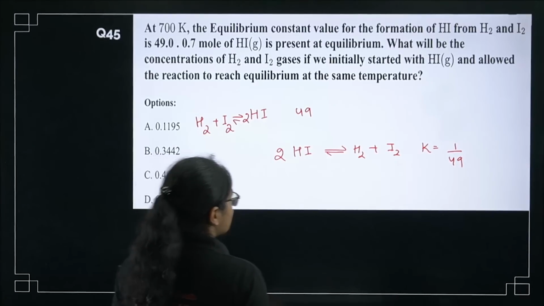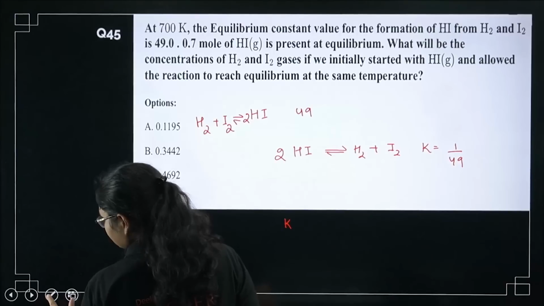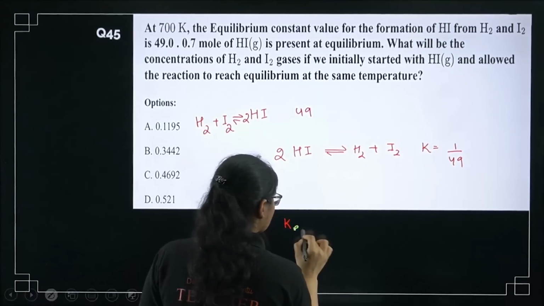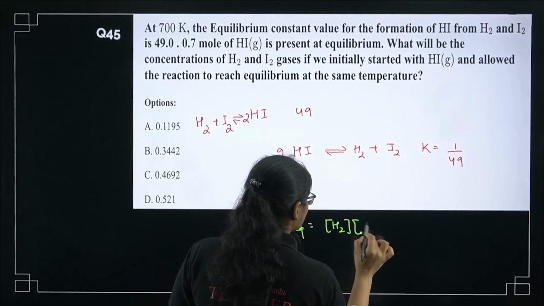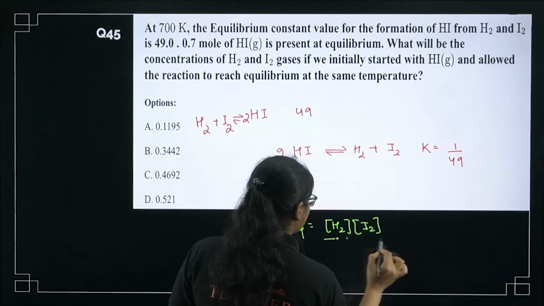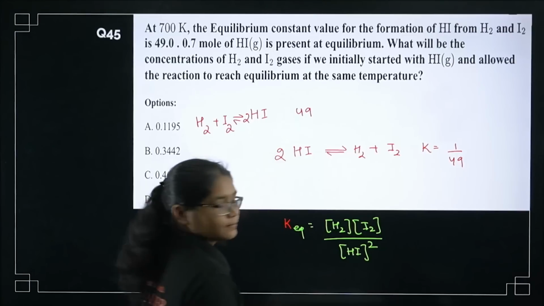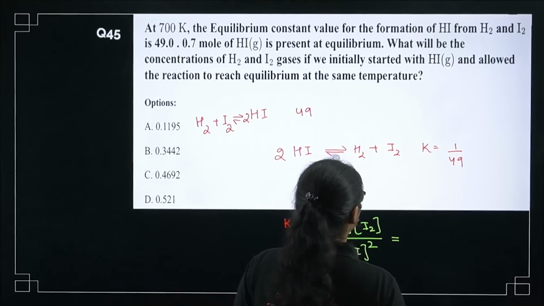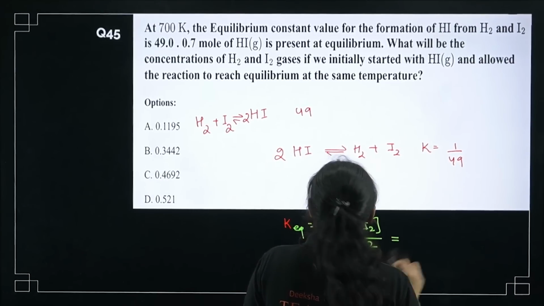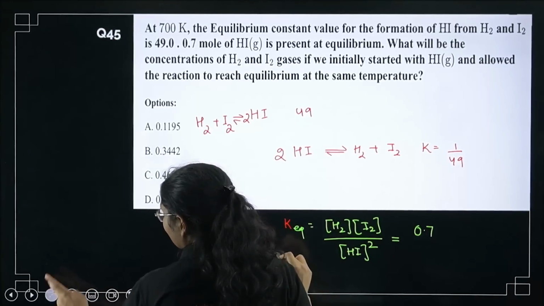And so I can say that K equilibrium is equal to H2 into I2 divided by HI square. Now, H2 value is how much? No, I have to find the H2 and I2 value, right?